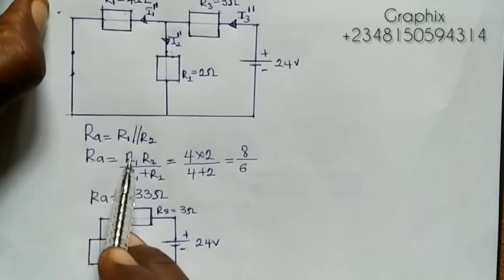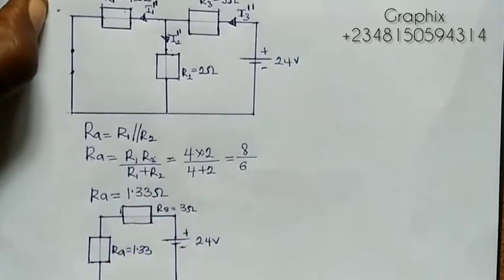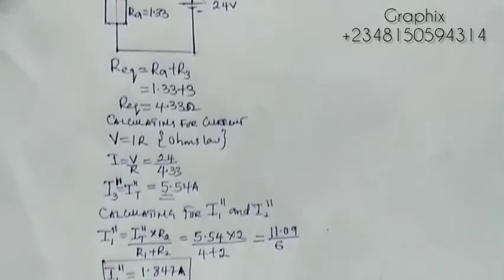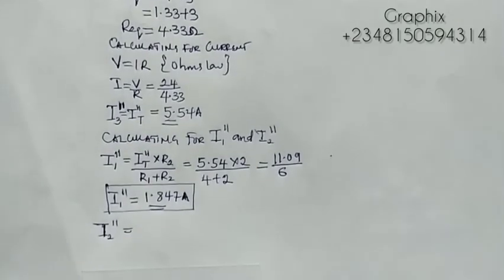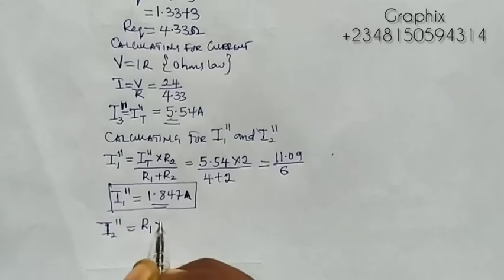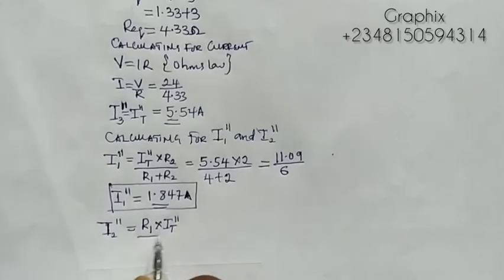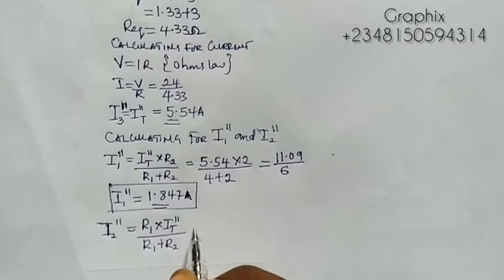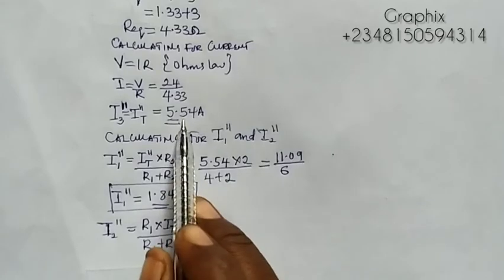So it will be R1 times I total prime prime all over R1 plus R2.